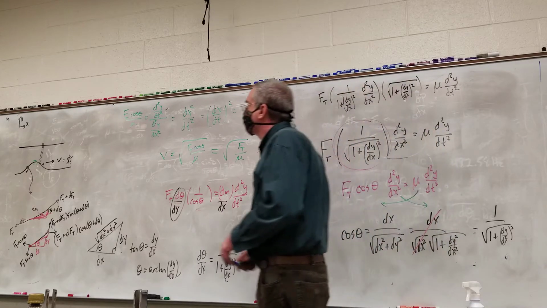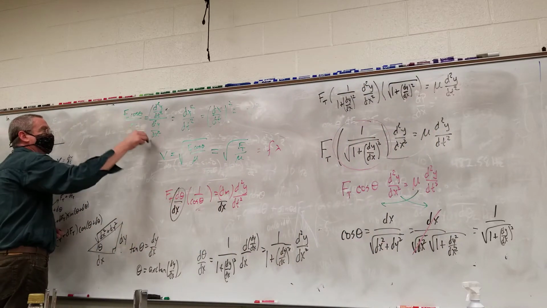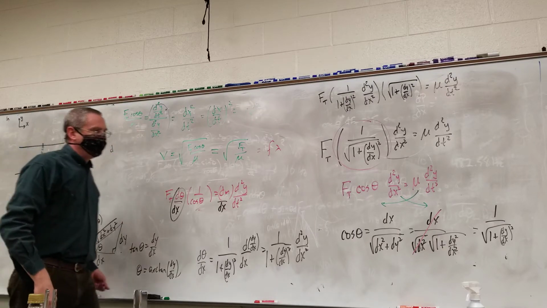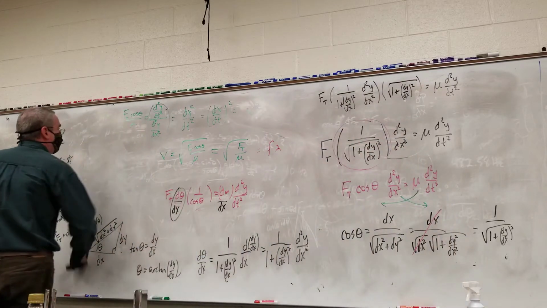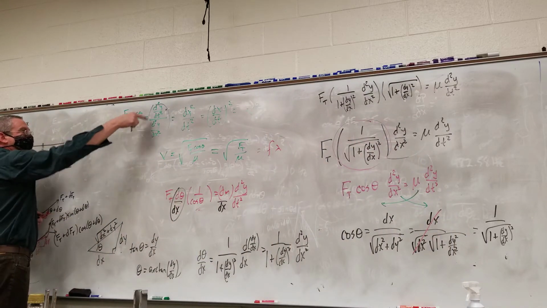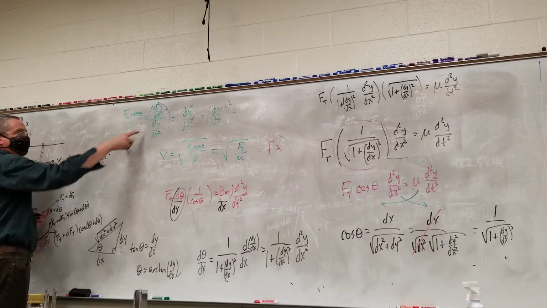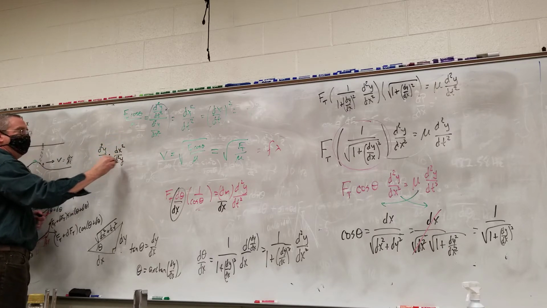All right, so this fraction right here, dividing one fraction by another, is d squared y/dt squared times the reciprocal of that one, which is dx squared/d squared y.